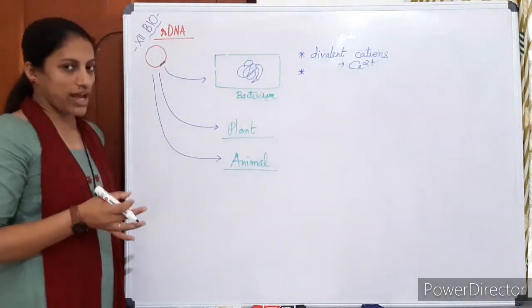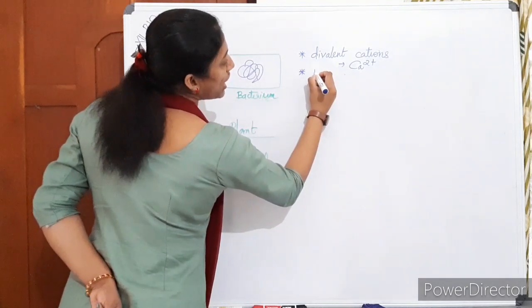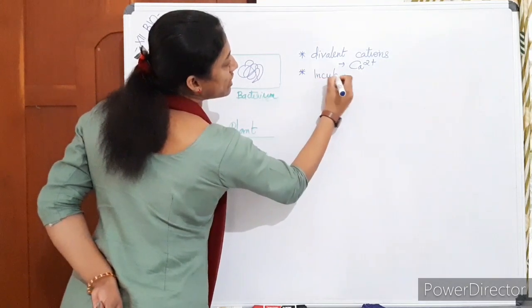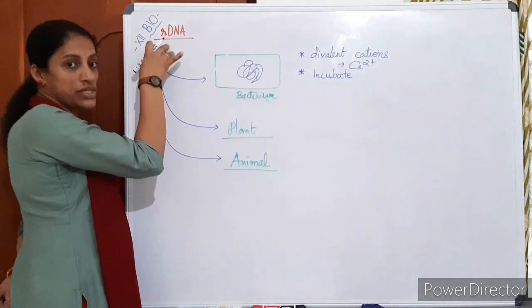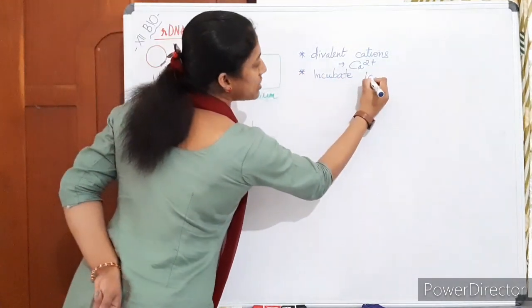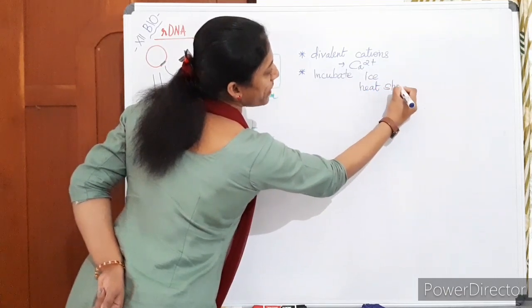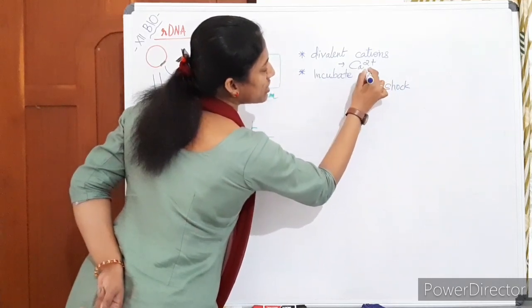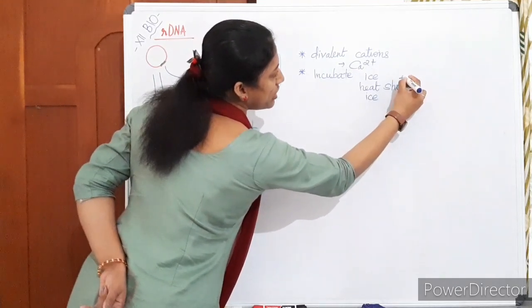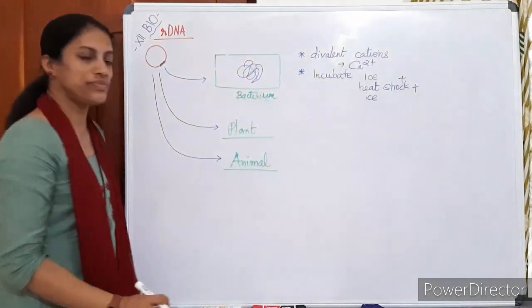After treating with calcium ions, we incubate the bacterial cell with the rDNA in ice. First incubate in ice, then a sudden small heat shock is given, then again incubated in ice.